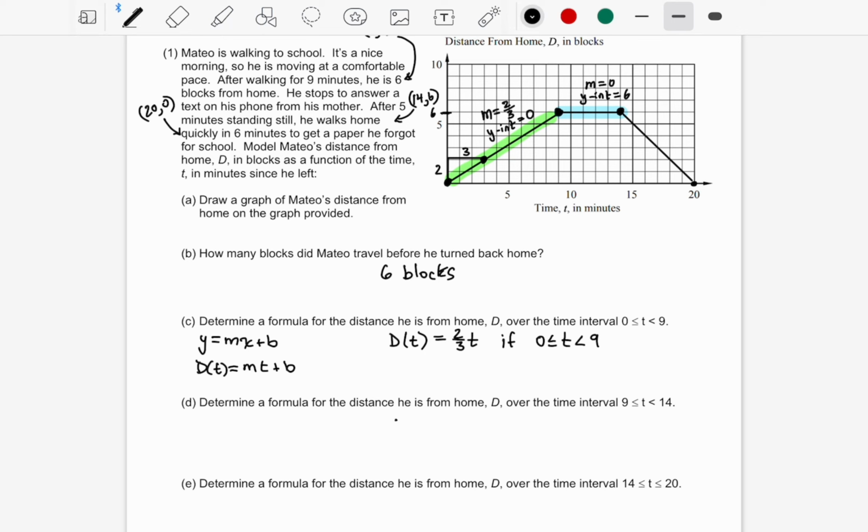So then d of t would be 0t plus 6. Well, 0t is 0, plus 6 is going to be just a 6, if 9 is less than or equal to t is less than 14.